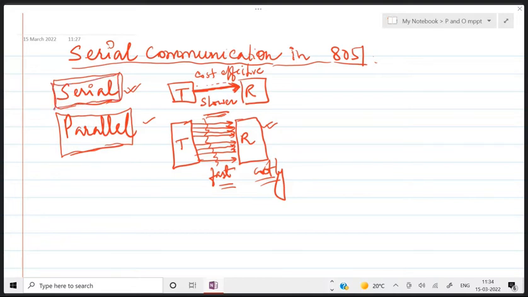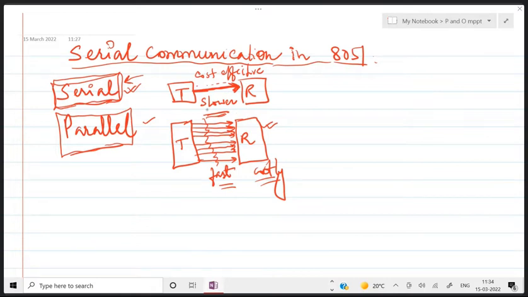There is no special peripheral for parallel transmission of data in 8051, but we do have a special peripheral for serial communication. We will be talking about that in a short while from now.